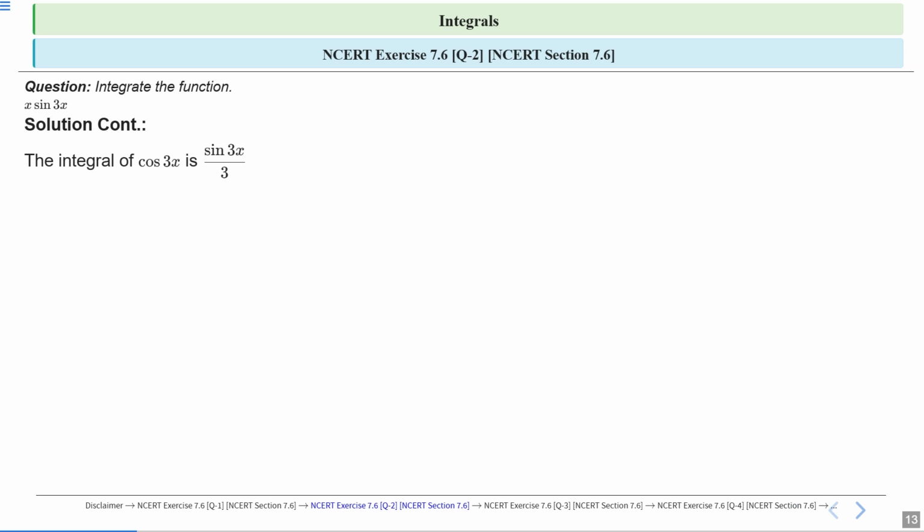As we applied it on sin 3x, in a similar way, when we integrate cos 3x, we get sin 3x by 3. Using the general formula, whenever we integrate cos ax dx, we get 1 by a sin ax plus c, that is a constant of integration.